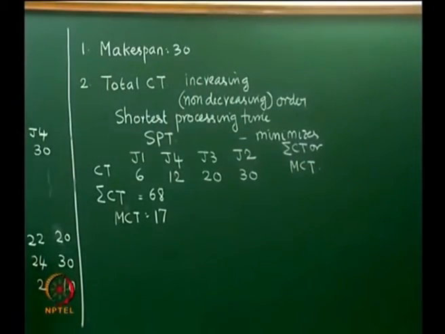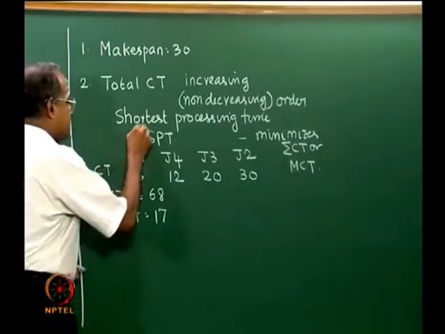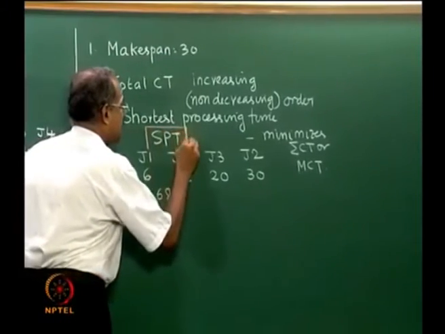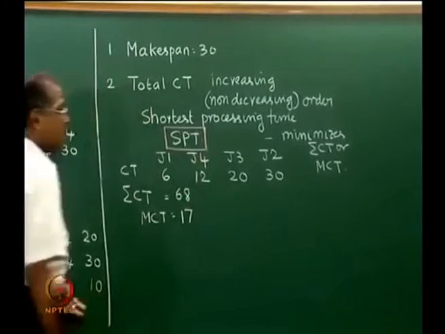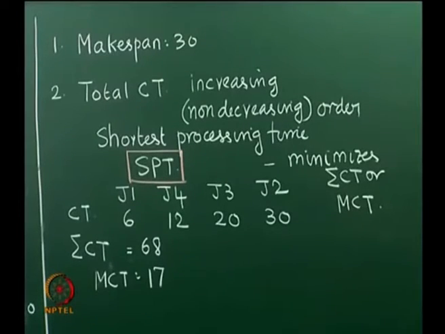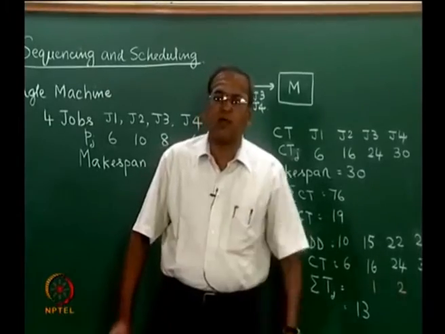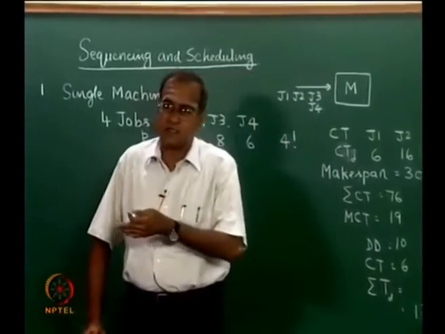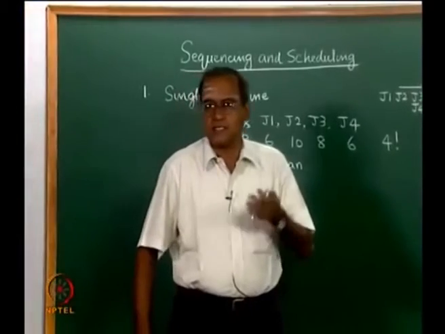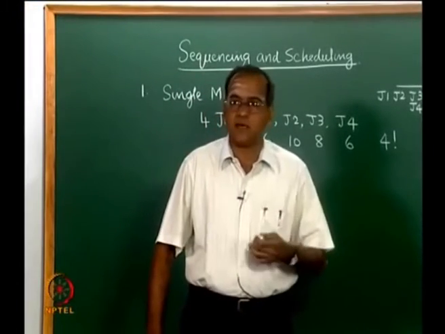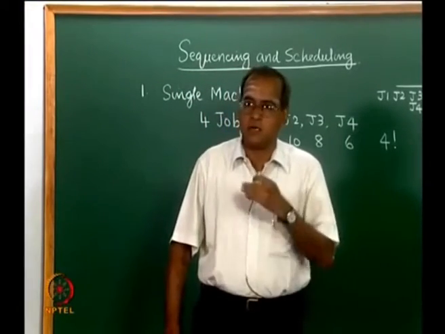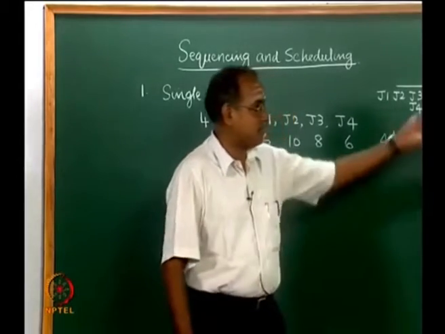This is an extremely important result which finds its way into other sequencing and scheduling problems. More importantly, this has introduced us to the rule called the shortest processing time rule, where we try to arrange the jobs to form a sequence such that the processing times are in increasing or non-decreasing order, as in this example.